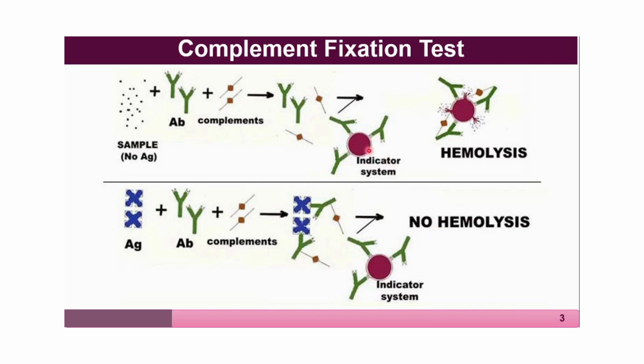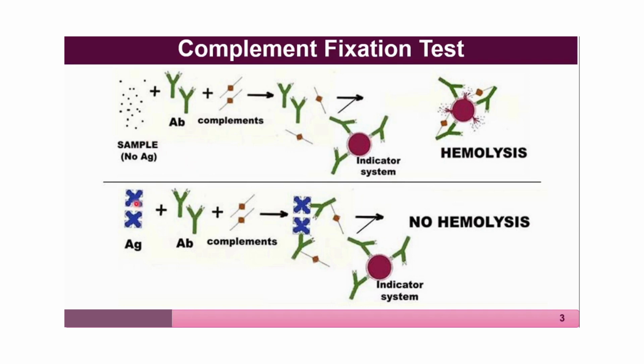By using an indicator system, the indicator system here is nothing but the sheep RBC readily bound to the anti-sheep RBC, which shows positive reaction by undergoing hemolysis if the test sample is negative.